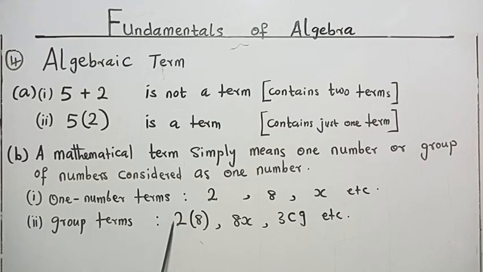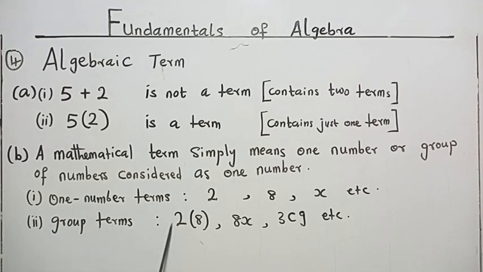For instance, 2 is multiplying 8 here, 8 is multiplying x here, 3 is multiplying c and g, and each of them is a term. Does it mean that each time you see numbers that are multiplying, we say it is a mathematical term simply because they combine by multiplication? Not necessarily.